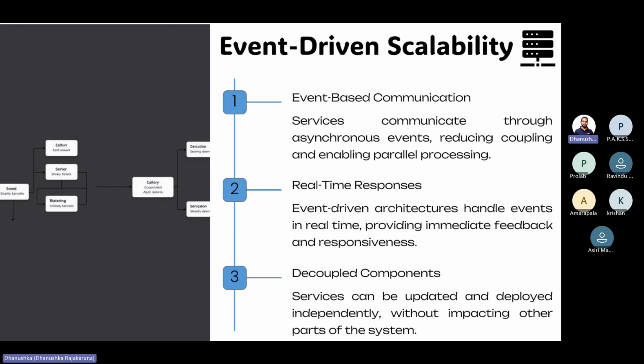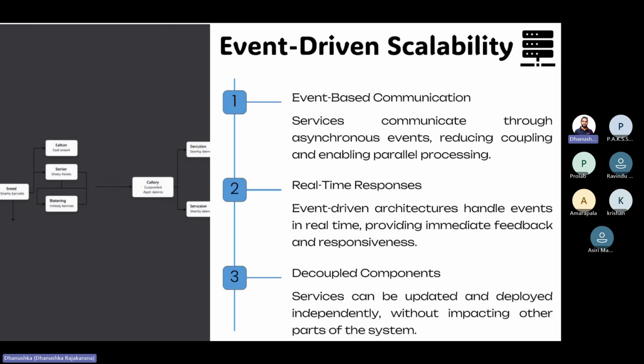The core principles of event-driven scalability are event-based triggers, dynamic resource allocation, statelessness, and asynchronous processing. The key components are event producers, event consumers, and event brokers. Also, scaling mechanisms are key components here.